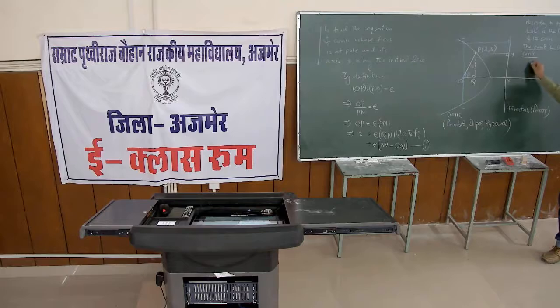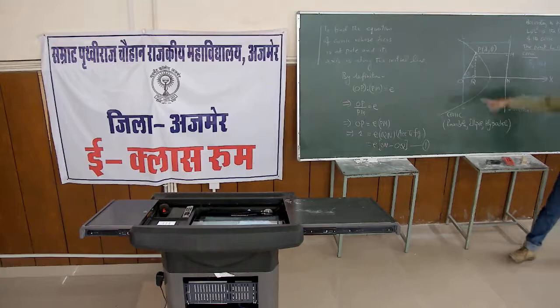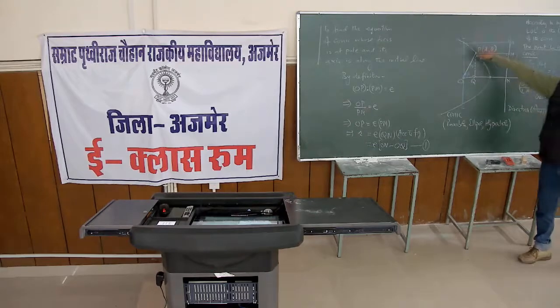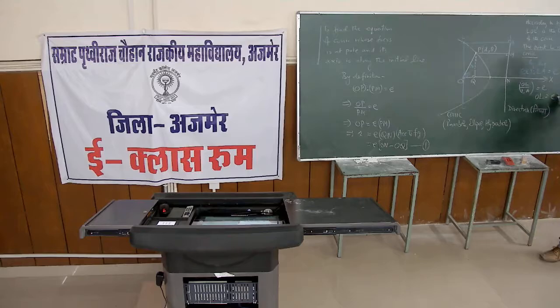Therefore, by definition, suppose this point is A, for example: OL upon LA is equal to E. So OL equals E times LA. Note down this.